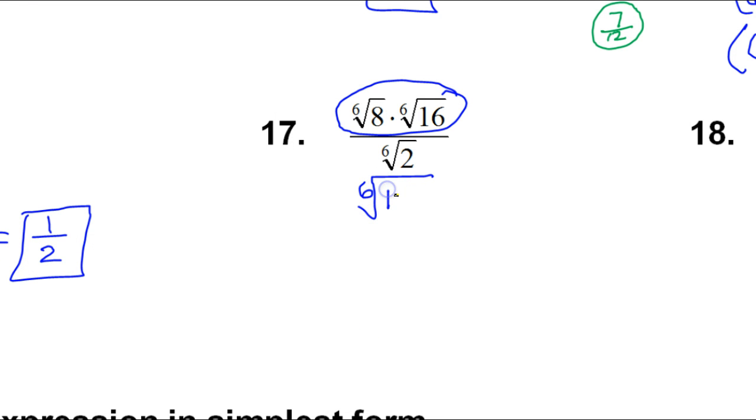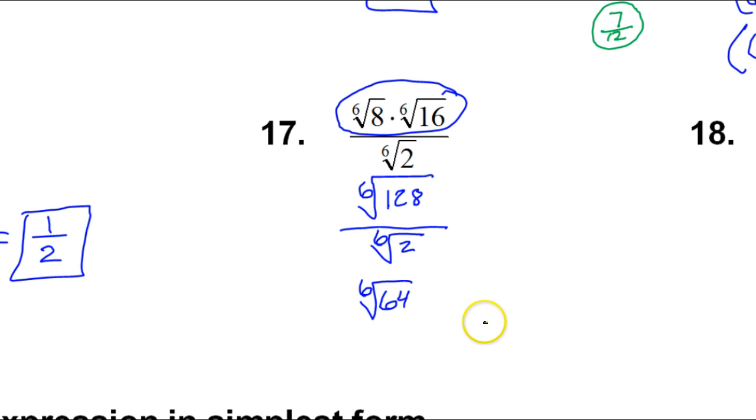So I have the sixth root of 128, over the sixth root of 2. Since the roots are the same, I can do this division. So 128 divided by 2 is going to be the sixth root of 64.